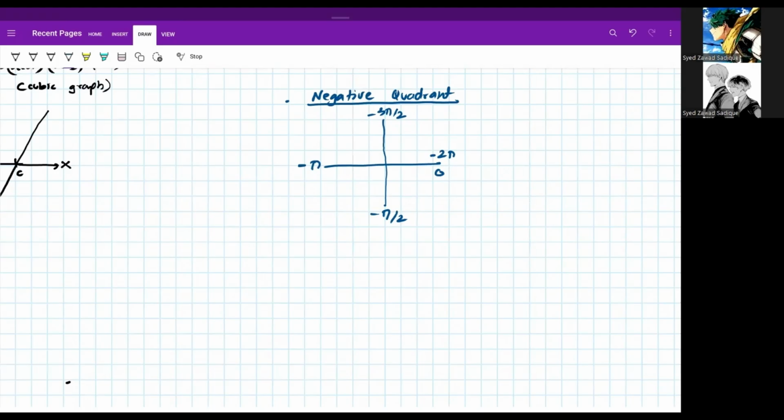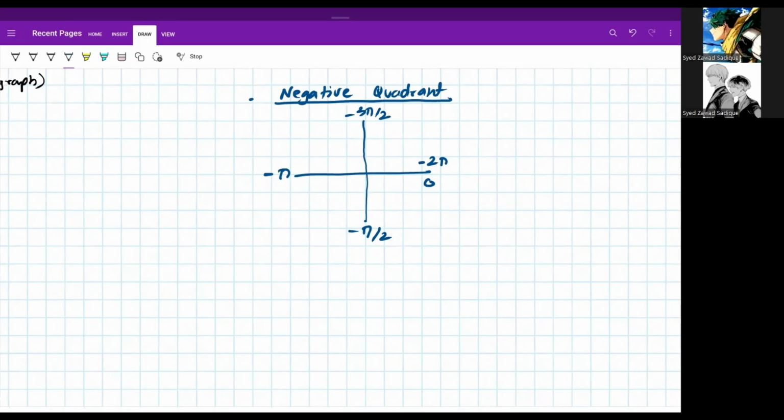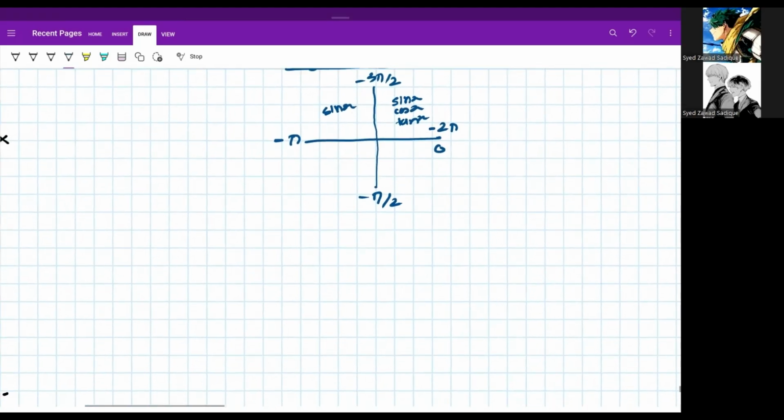All right. In which this is true for sine, cos, tan. This is true for sine x. This is true for tan x, and this is true for cos x.